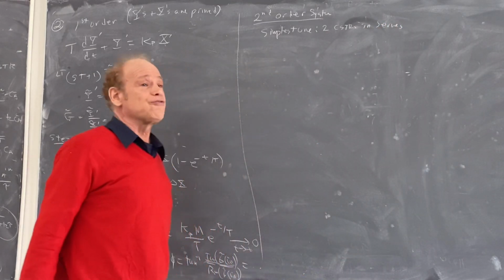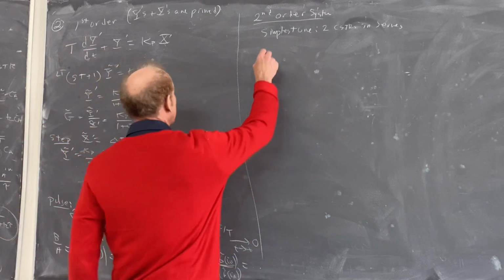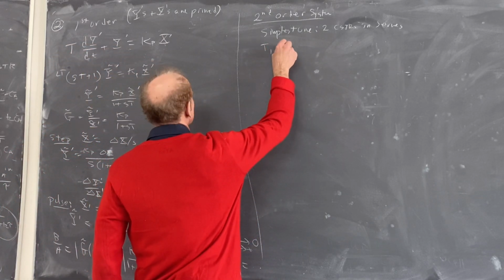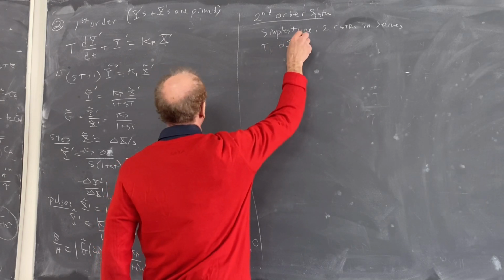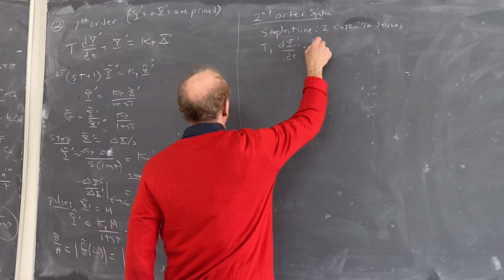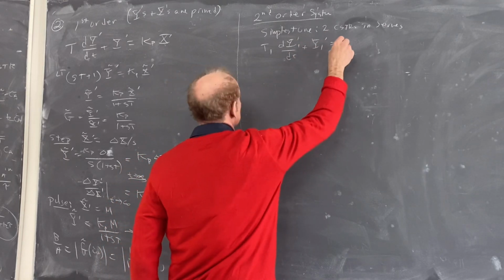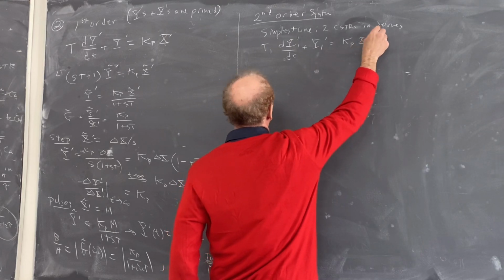So let's just look for that one. And I want to do that using this notation. Here I have, say, T1 dy1 prime dt plus y1 prime is equal to Kp x prime.